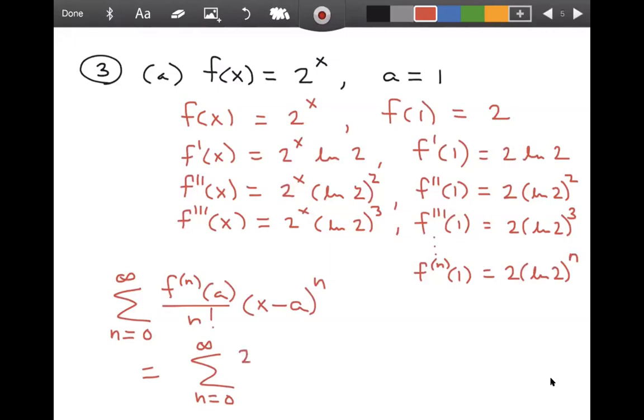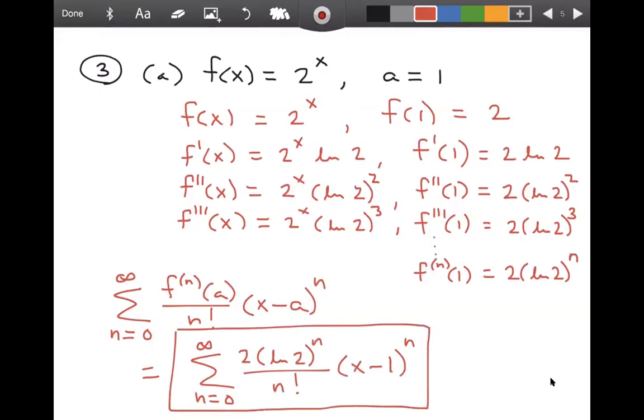So that's going to give us 2 times natural log 2 to the n over n factorial times x minus 1 to the n, right? Because a is equal to 1. All right, that is the Taylor series about a equals 1.